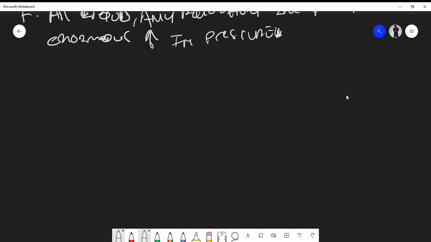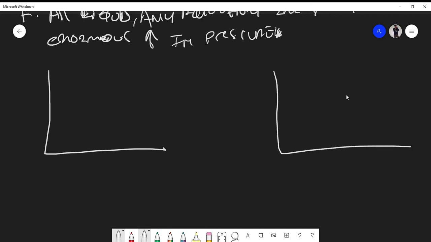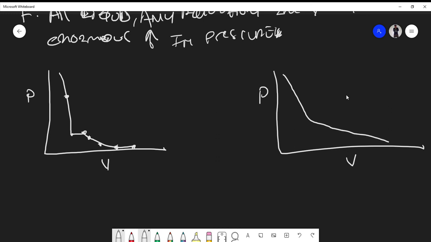Right? So let's look at two different curves. We have pressure on the y-axis and volume on the x-axis. If you look at curve 1, and these are several little points right here, versus curve 2, notice the difference in the shapes of the curve.